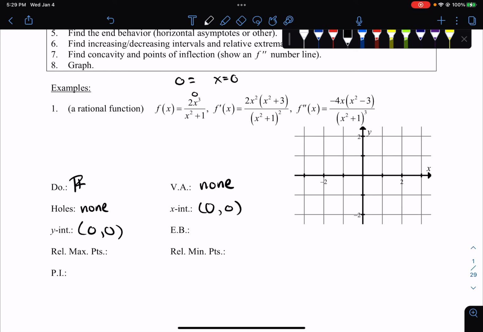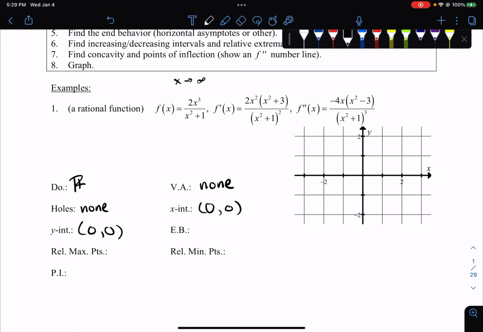And behavior. So what happens is I go really far to the right in this function. So what I want to look at is what happens as x approaches infinity. So x is going to get really, really big. And when I look at this function, I have an x cubed on top, but only an x squared on the bottom.